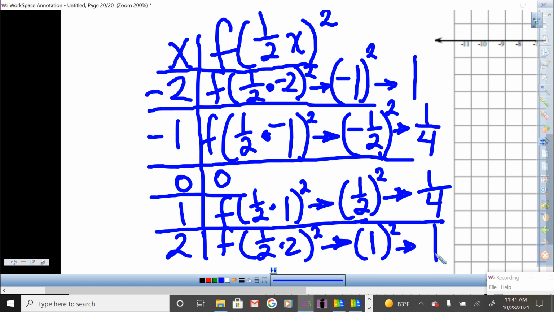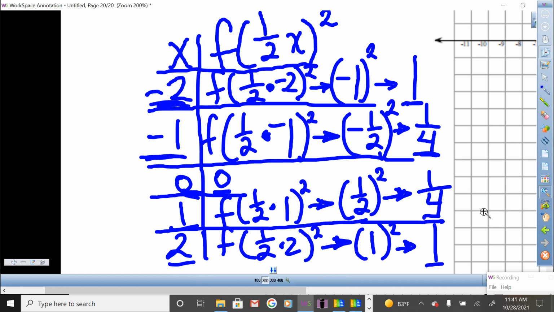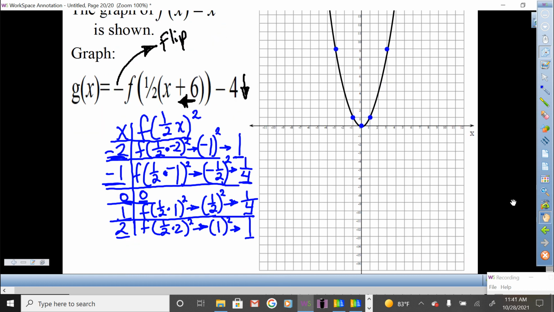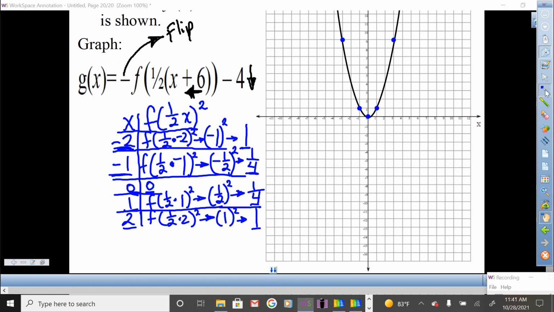Okay, let's plot those. So we're going to plot what? -2, 1, -1, 1/4, 0, 0, 1, 1/4, and 2, 1. Okay, let me zoom out. Alright, let's do the first one. -2, 1. Okay.